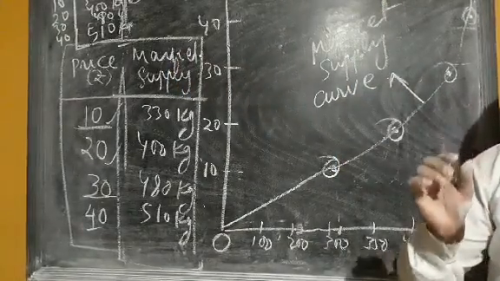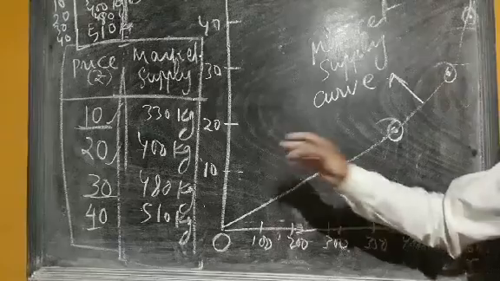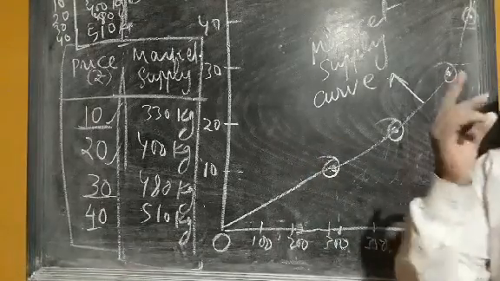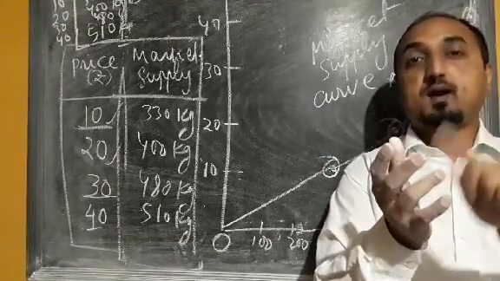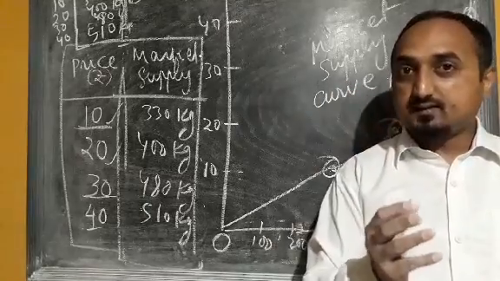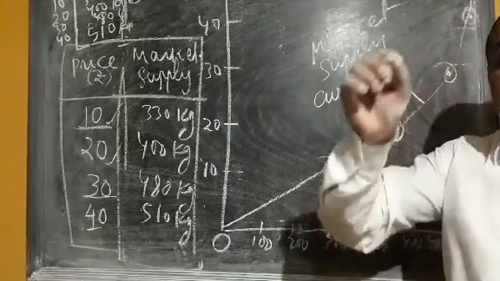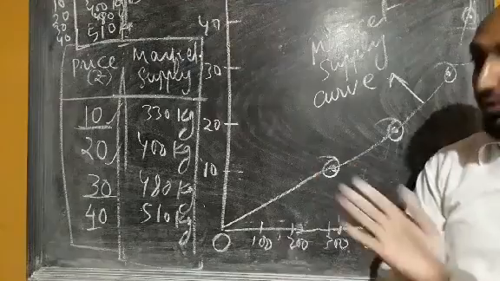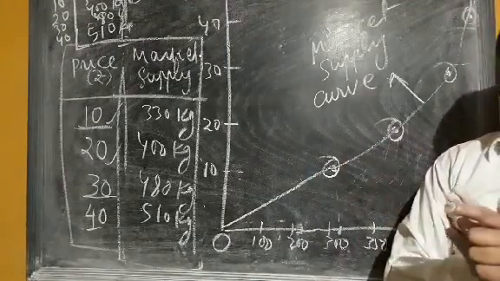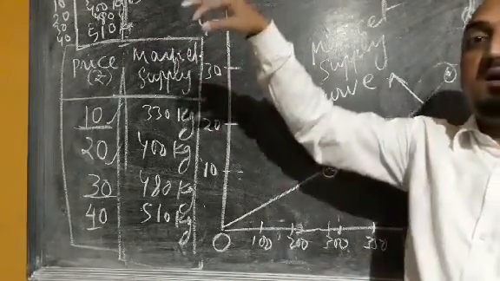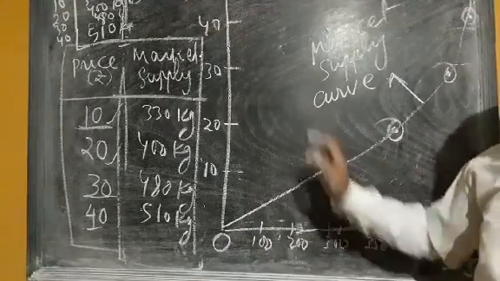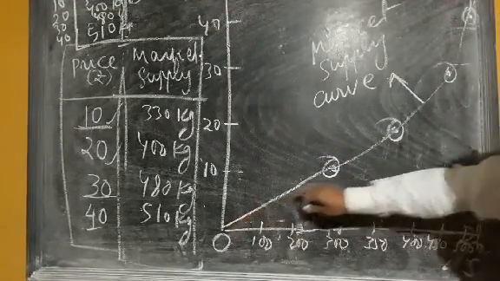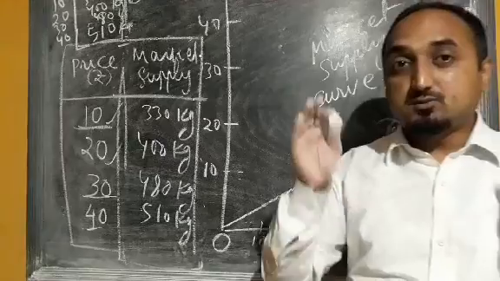Now one more important point you have to note while deriving the market supply curve. If you compare individual supply and market supply, in the case of individual supply the supply curve will be steeper, with a positive slope. But in the case of the market supply curve, the curve will be a little flatter. Why is it flatter?